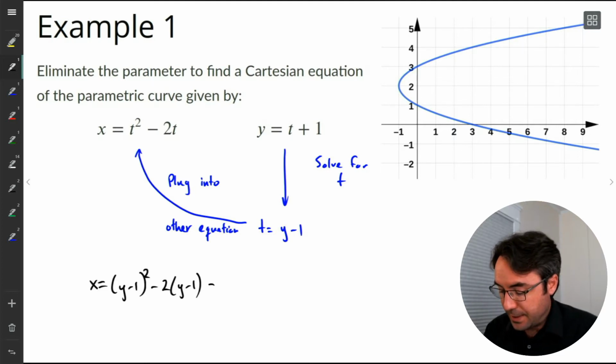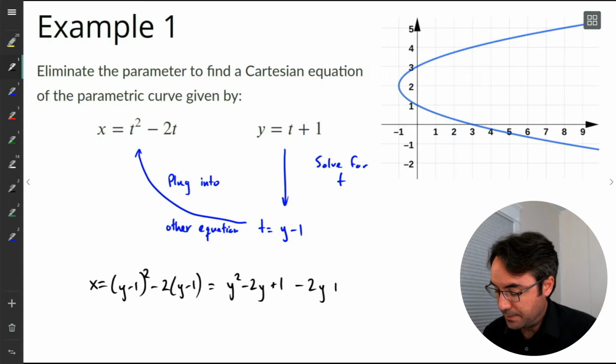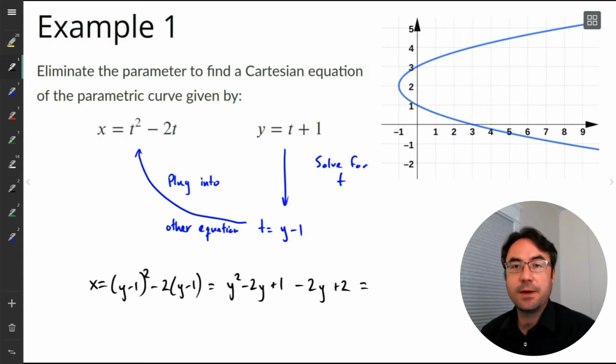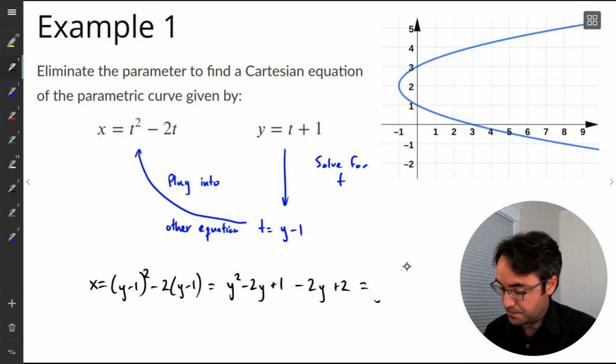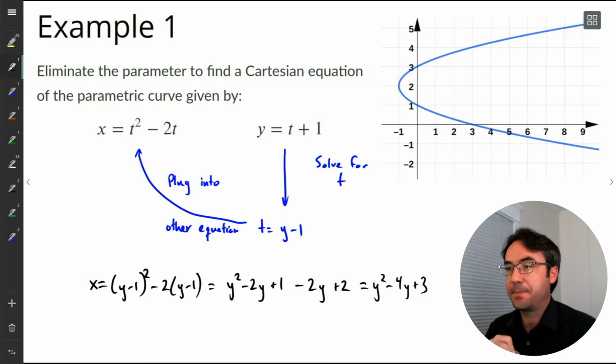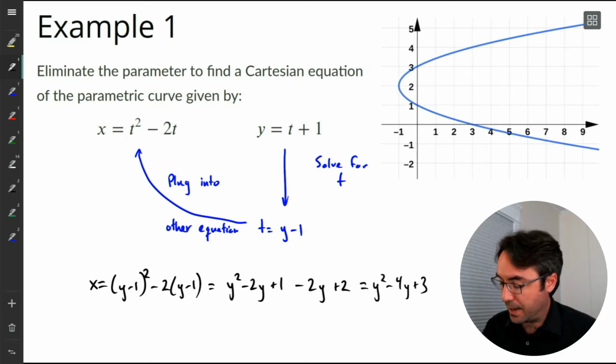When we do that, we get y squared minus 2y plus 1 minus 2y plus 2. And if we keep simplifying, we end up with y squared minus 4y plus 3. We can see here that that's what we expect from a parabola.